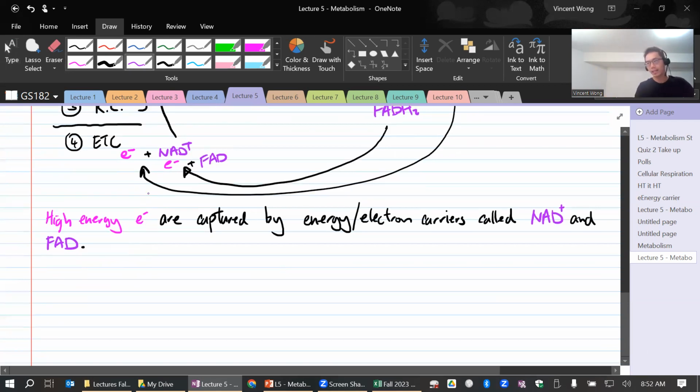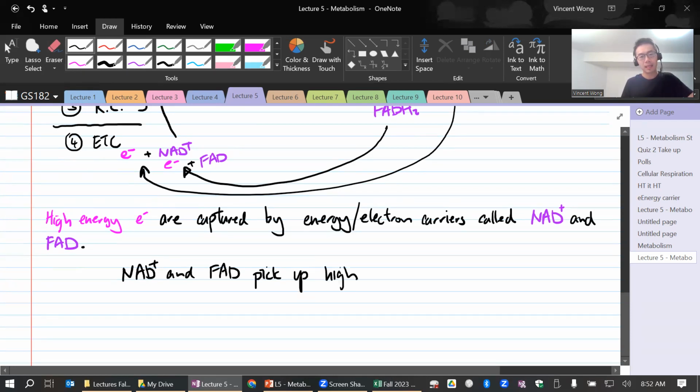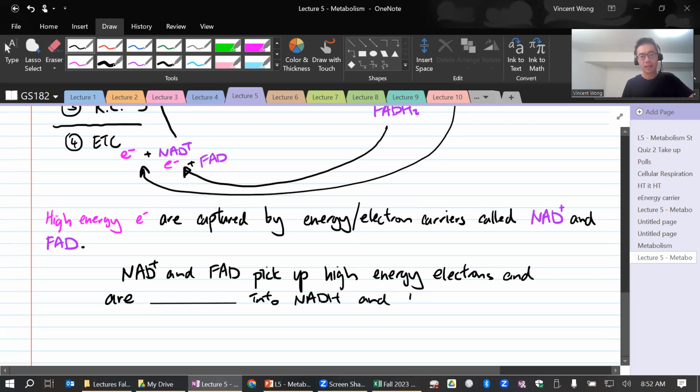So let's write this out. Right. What's the right word here, guys? Help me out. So NAD plus and FAD pick up high energy electrons and are blank into NADH and FADH2 respectively.